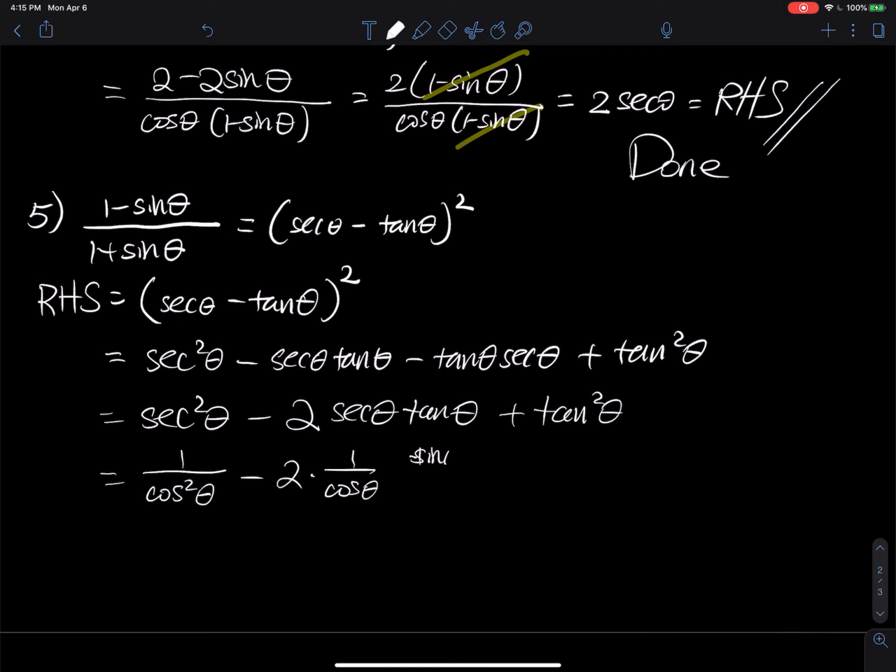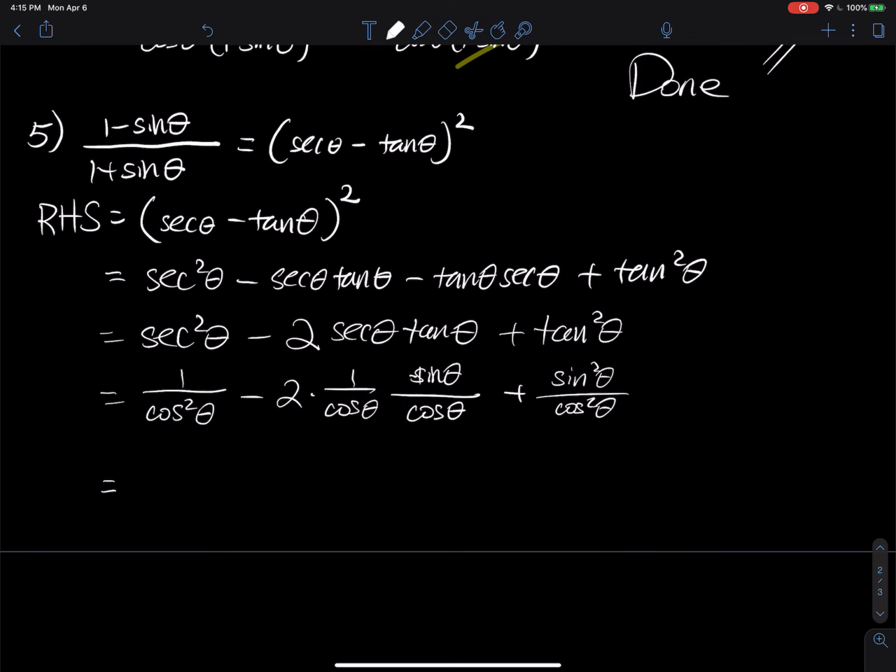This is a sine divided by cosine. Do you see a common denominator? Cosine square. So this is a sine square divided by cosine square. Cosine square, cosine square, cosine square, we got our common denominator. So overall, we have, let's see, can we do this in one line?